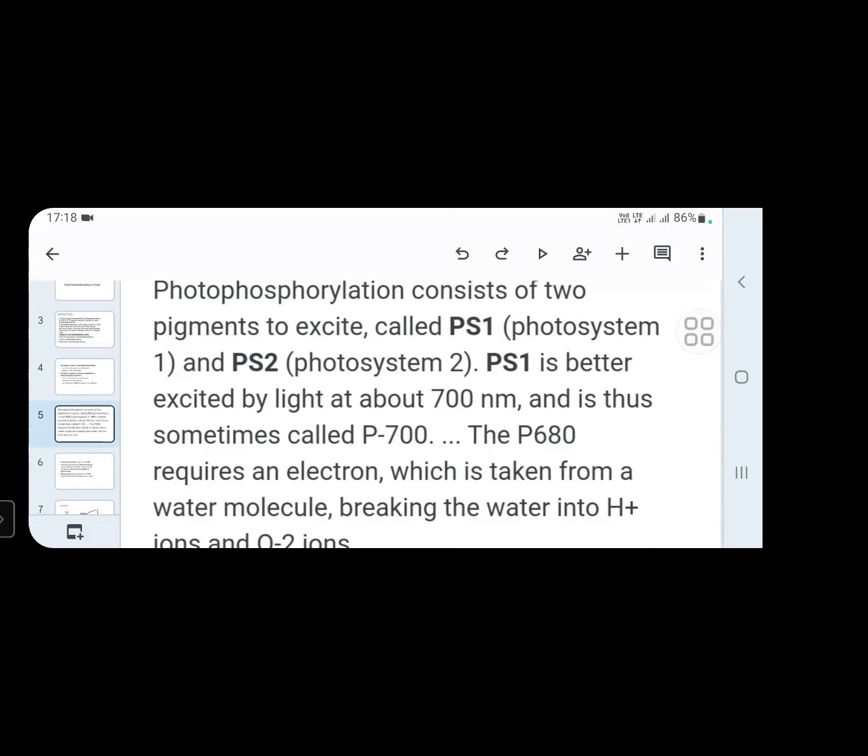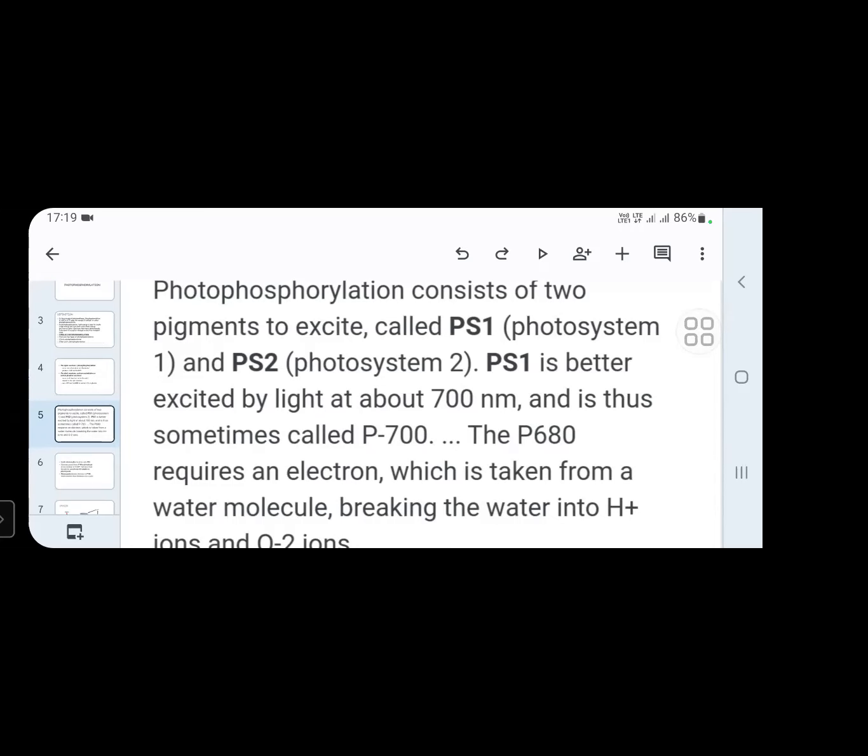The primary electron acceptor of PS1 is the iron sulfur protein, which accepts the electrons transferred from the reaction center. So electrons are transferred from the reaction center P700 to the primary electron acceptor, the iron sulfur proteins.